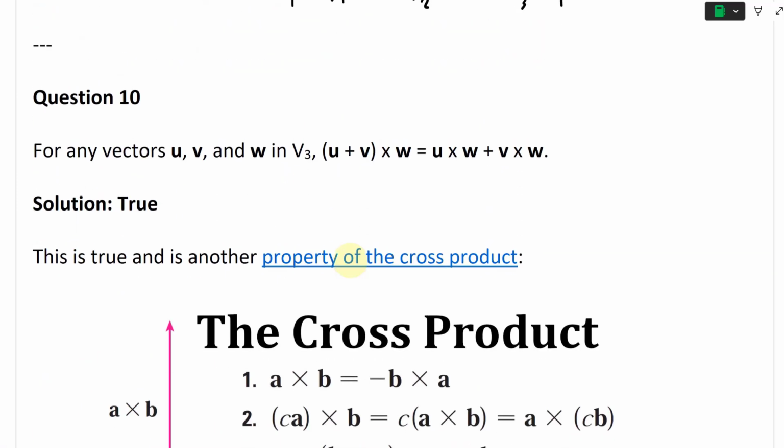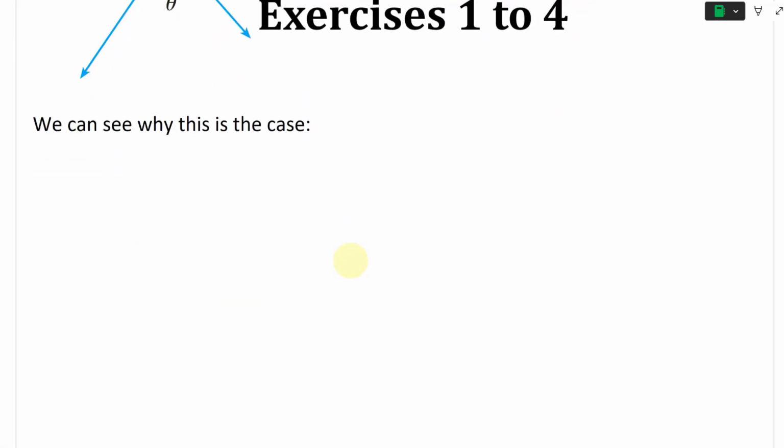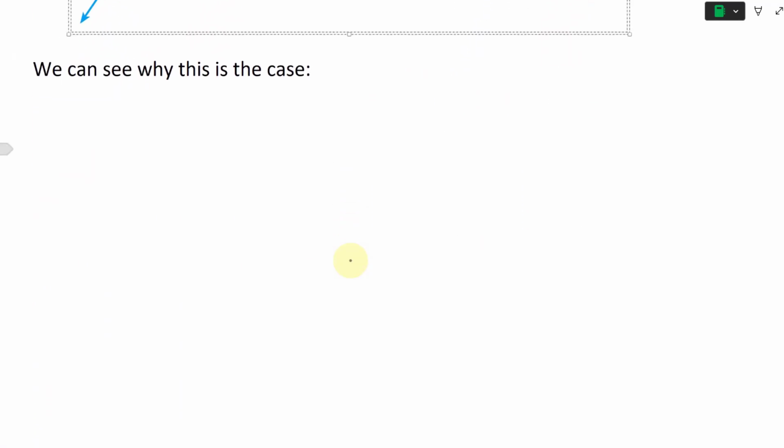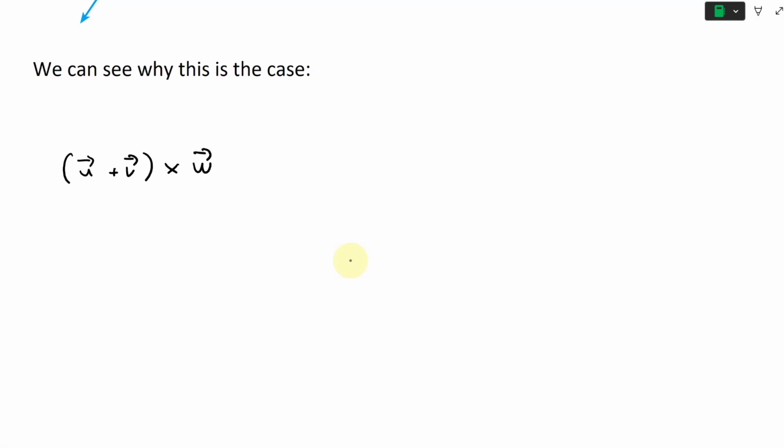So if we go back here, (u plus v) cross w. If we have the vector u plus v, now we do the cross product with w, and put this in the cross product. This equals the determinant form i, j, then k.